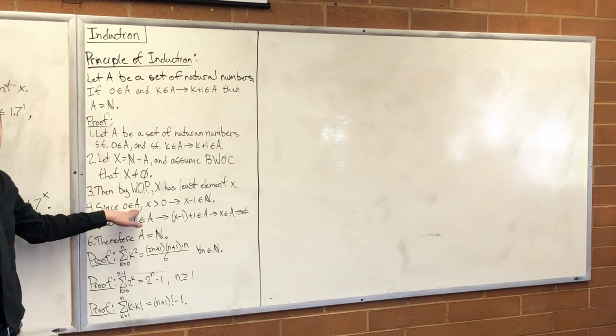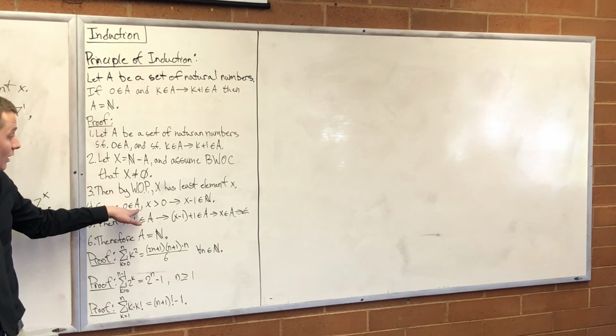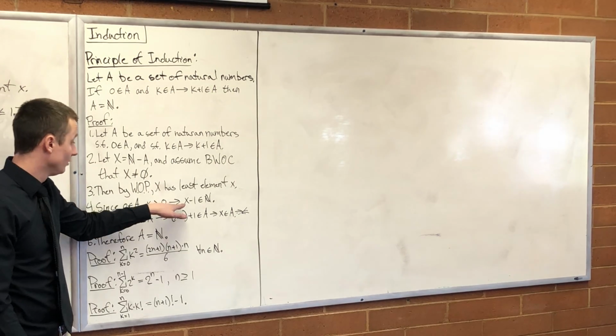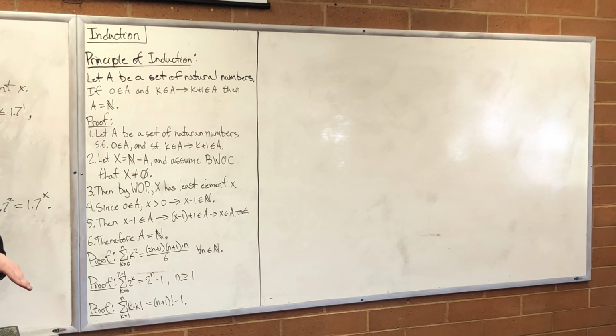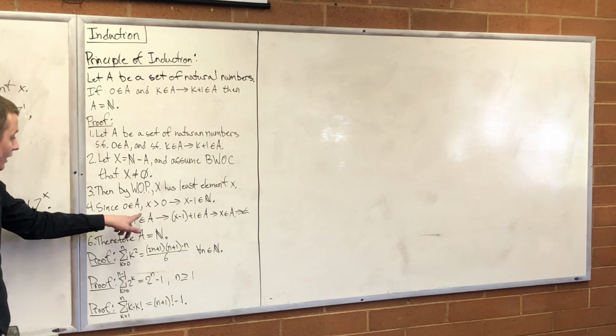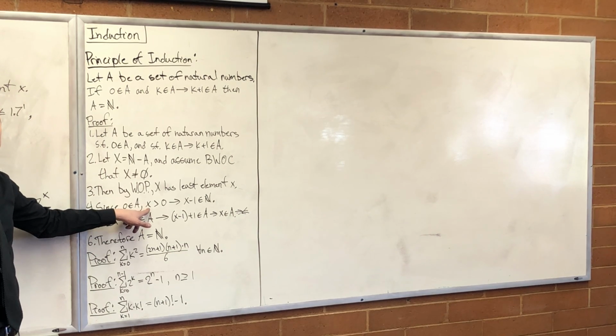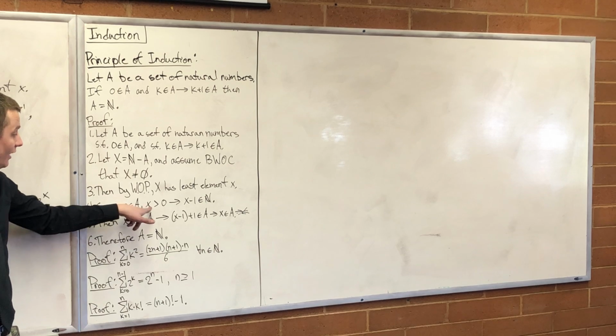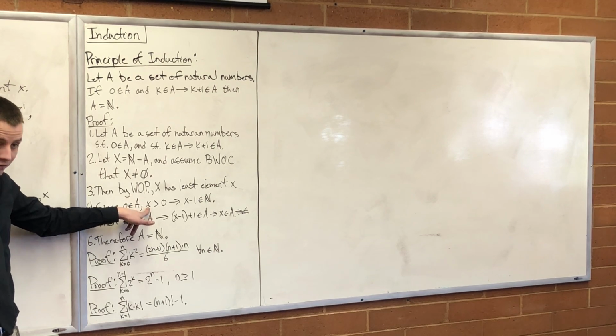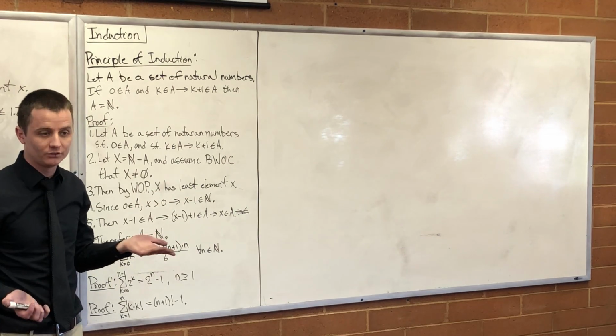Since 0 is in A is given, I know that what? X has to be bigger than 0. Right? Little x is the smallest natural number not in A. I know that 0 is in A. x is not in A. x is the smallest thing not in A, so x has to be bigger than 0, which means x minus 1 has to be a natural.